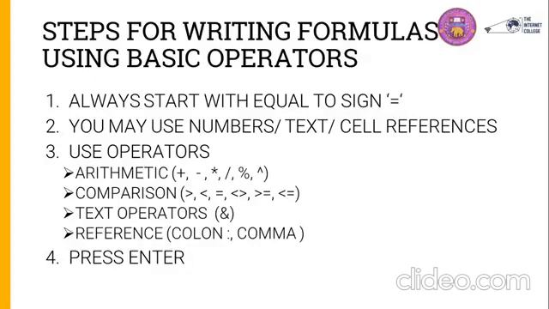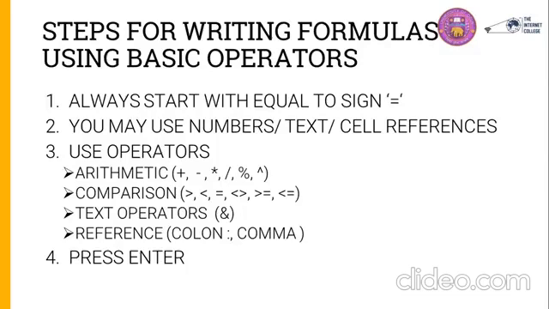In Excel also, when we enter data in the cells, if you remember from the last session, I told you you can enter numbers, text, and formulas in Excel cells. So today we are going to talk about how to enter formulas in Excel. For Excel to recognize an expression as a formula, we have to start it with an equal to sign. If you don't put an equal to sign, Excel is not going to read it as a formula.